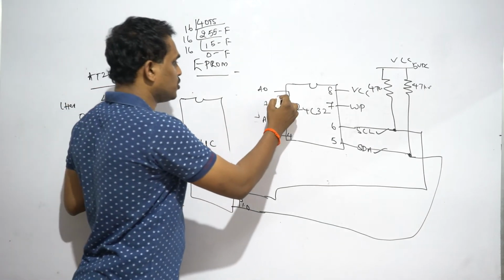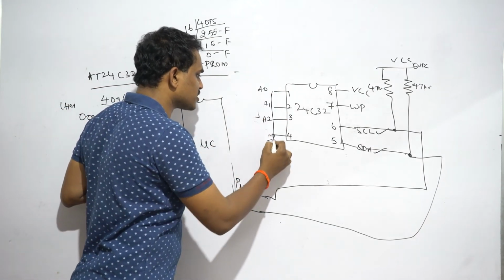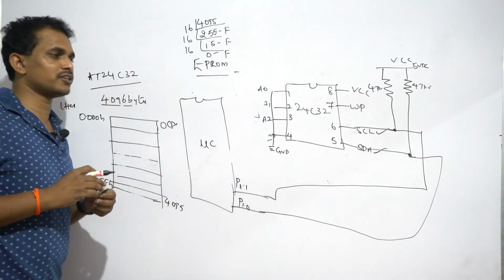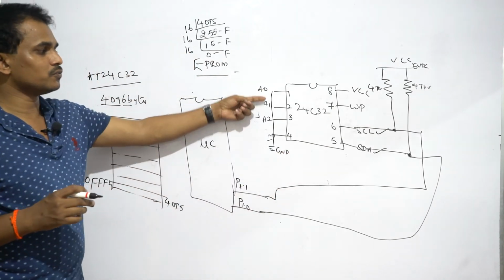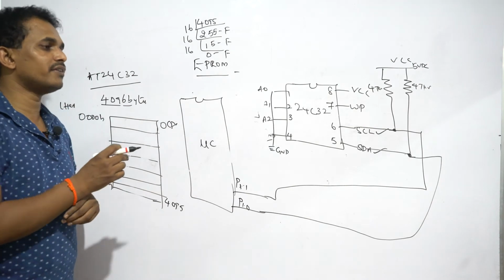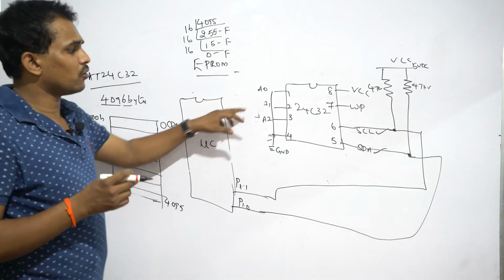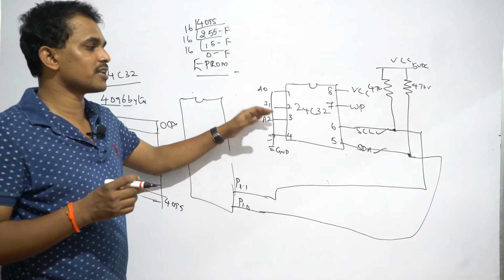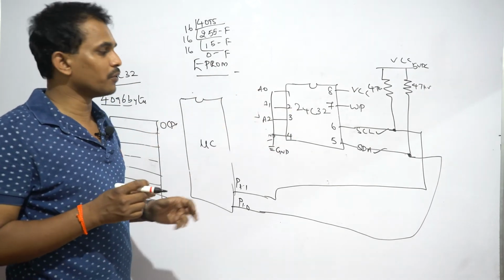Like, 1, 2, 3, these are the 3 hardware address lines, because they form the unique slave address of the EEPROM device. As a programmer or as a user of this device, you can connect them to either VCC or ground. That's your choice.